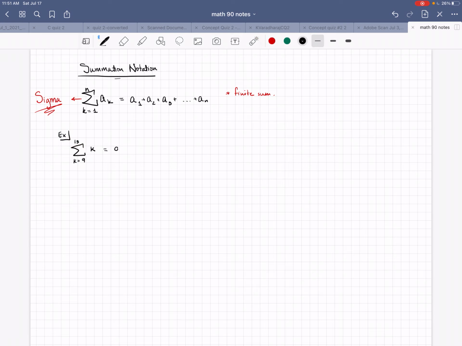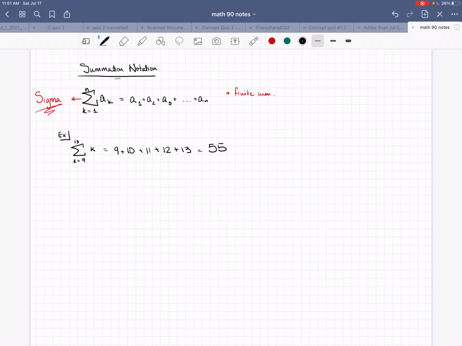So we have simply 9 plus 10 plus 11 plus 12 plus 13. Okay, so you can do this on a calculator, you can do it in your head. Let's just do it quickly together. 9 plus 10 is 19, plus 11 is 30, plus 12 is 42, plus 13 is 55. Okay, so that is the sum here.